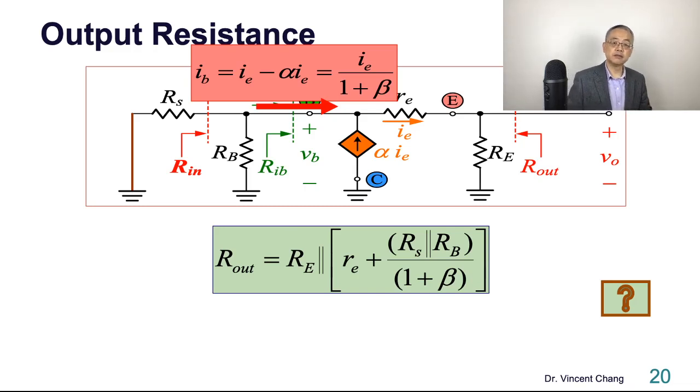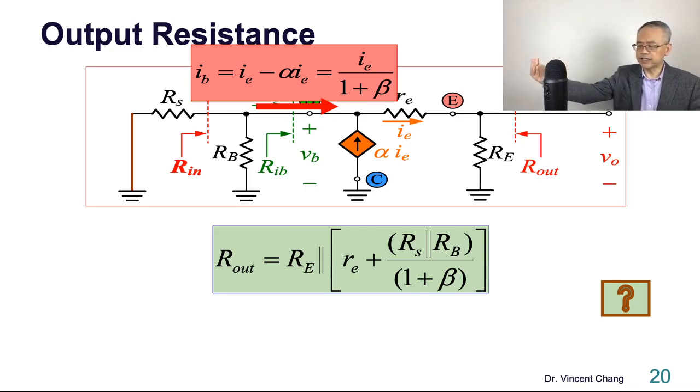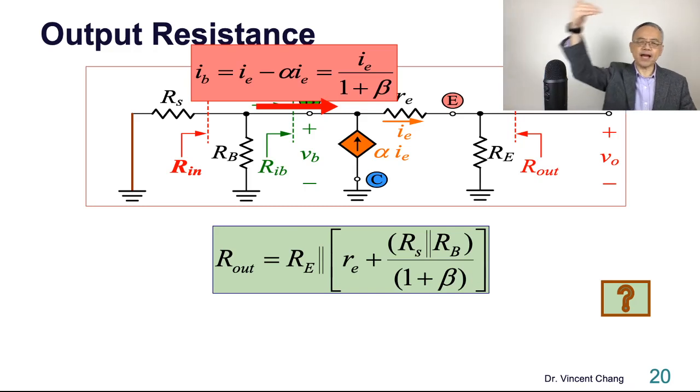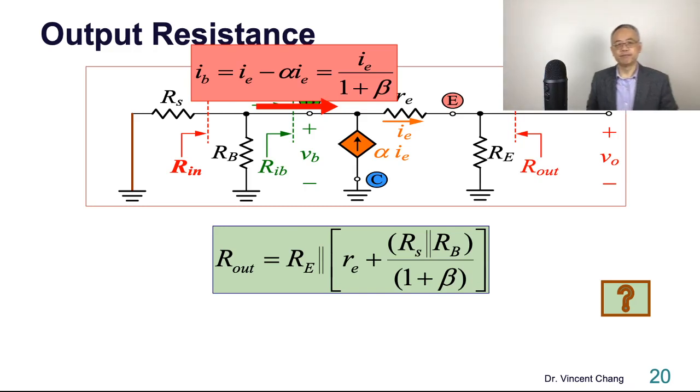So what? When you take the base guy back to the emitter and you divide it by 1 plus beta, at that moment, you already consider the effect of the current controlled current source.